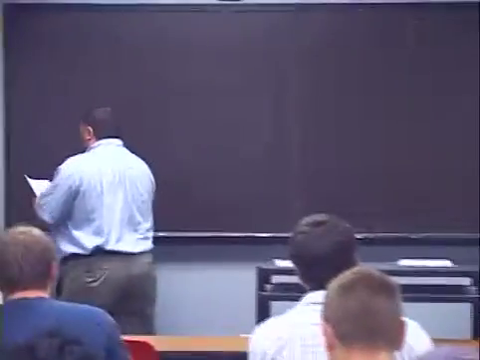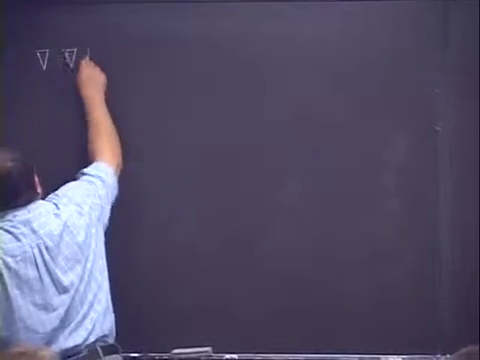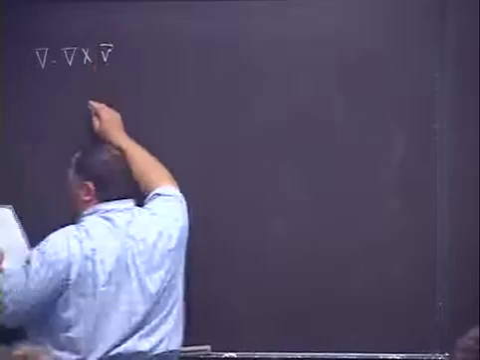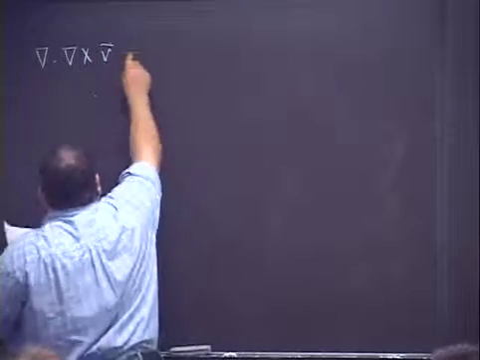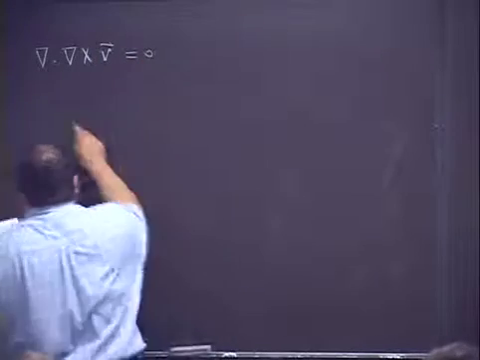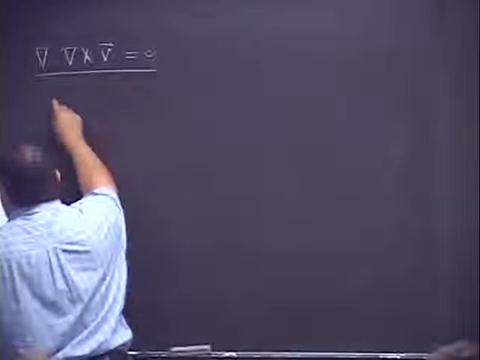So let's finish chapter number 11 and get into chapter number 12. Last time we said that the divergence of a curl of a vector is equal to 0, and this is all you will do.